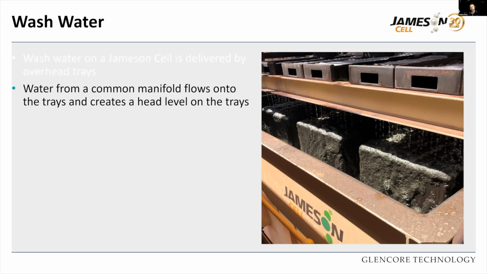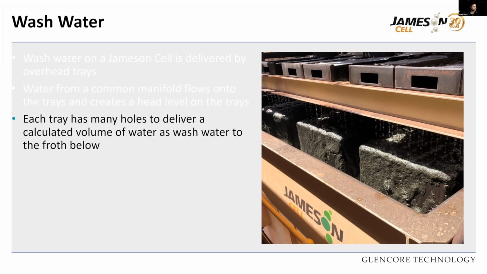Water will come in through a common manifold, and each tray will be delivered a specific offtake of water from that main manifold. We specifically design each of the cells for a specific duty.